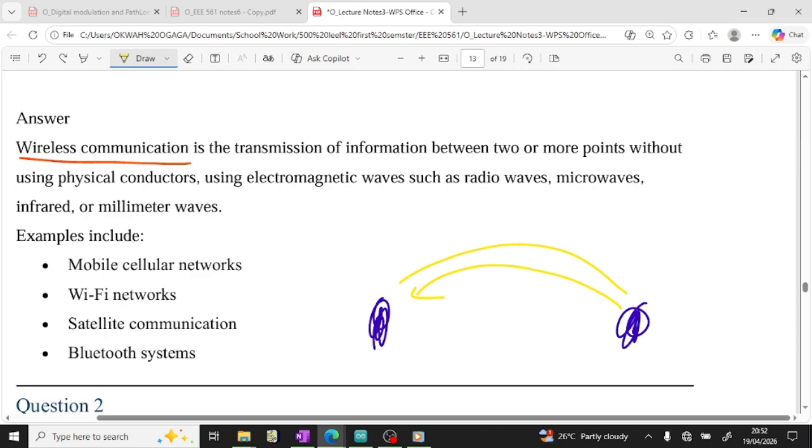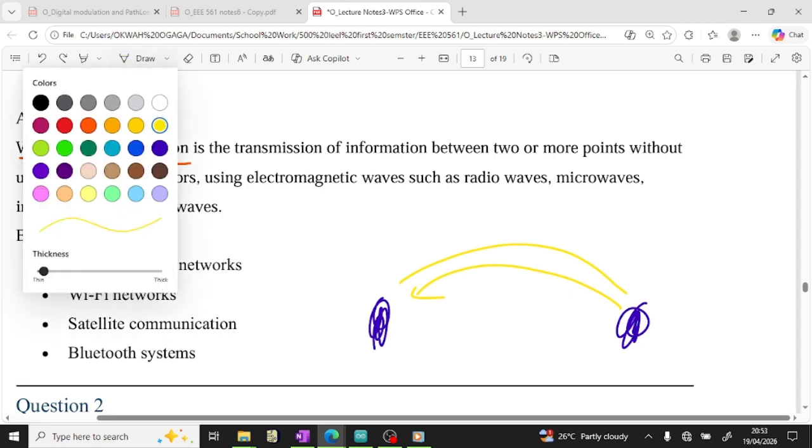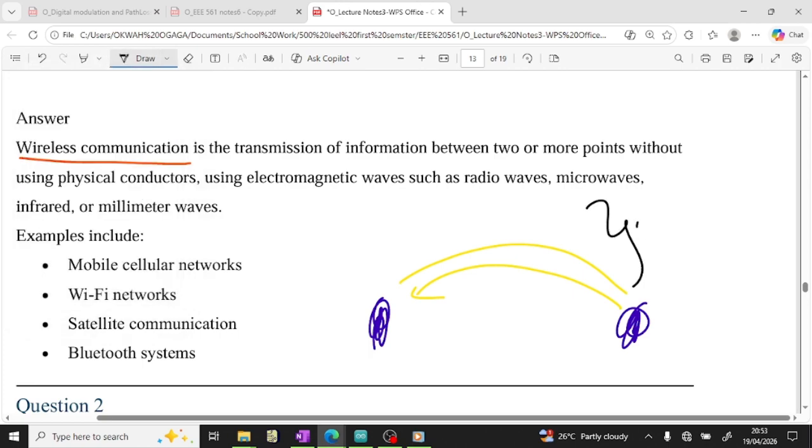But what are you going to make use of? Electromagnetic wave, which we can just call EM wave. So it is transmission of information from one point to another without using wires.